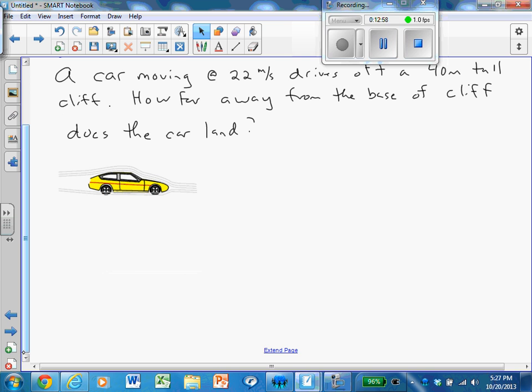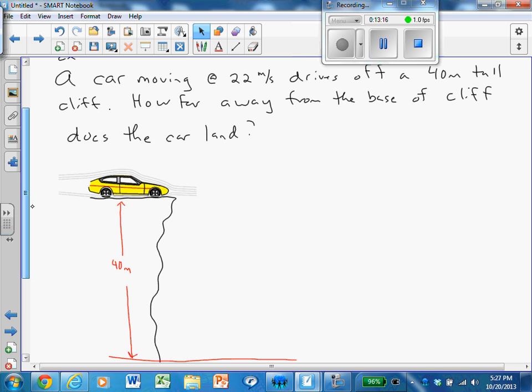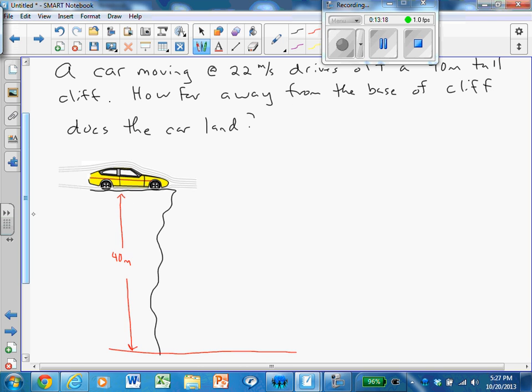So in this case, we have this car sitting up on this cliff, and the height of the cliff is 40 meters to the floor below, and the car is driving at 22 meters per second, like that.